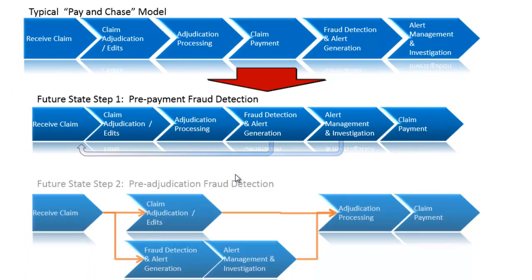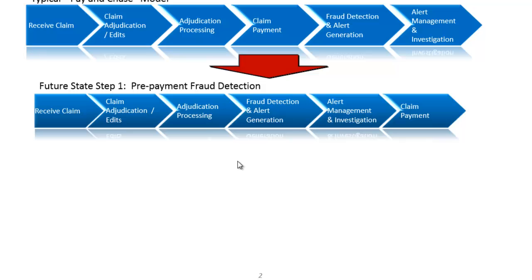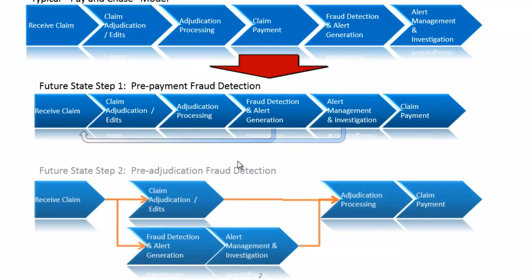Here is how it would typically happen. You receive a claim, you do the claim adjudication and the processing, but before the payment, fraud detection and alert generation happens, and you stop the claims and then pay. Another approach is a concurrent process.